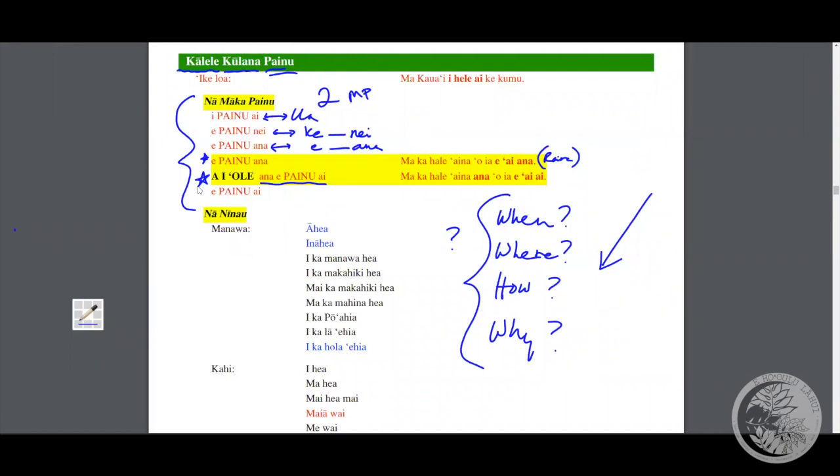where something will be occurring, how something will be occurring, for this class, I'd like you to practice the higher level, which is instead of just e painuana, you notice that the ana has moved up front. So instead, ana e painuai, which would be the same as the e ana future for the pepeke painu.